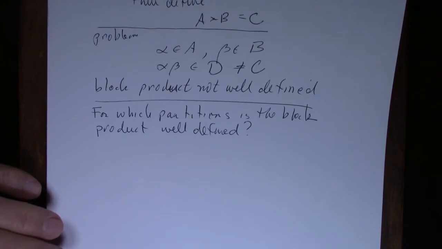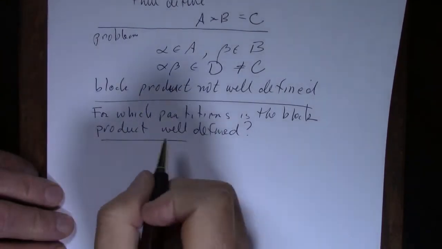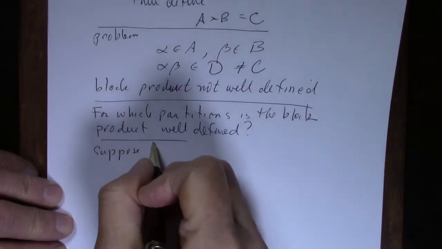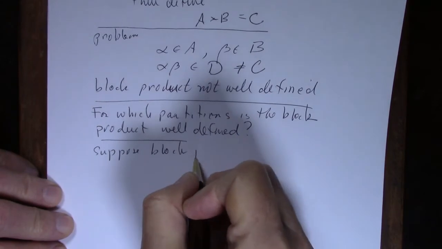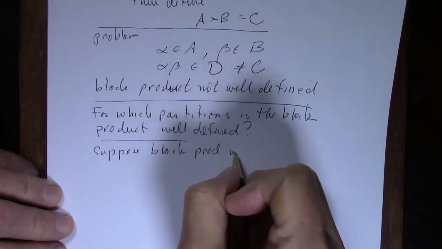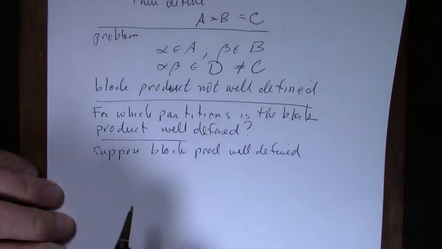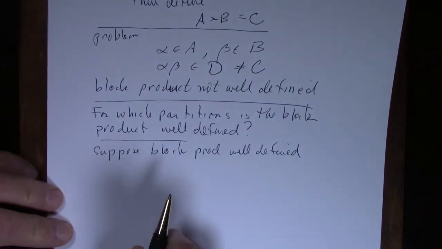This is really the only problem that we have to overcome, because if we suppose for a minute the block product is well defined, then it will make P into a group.